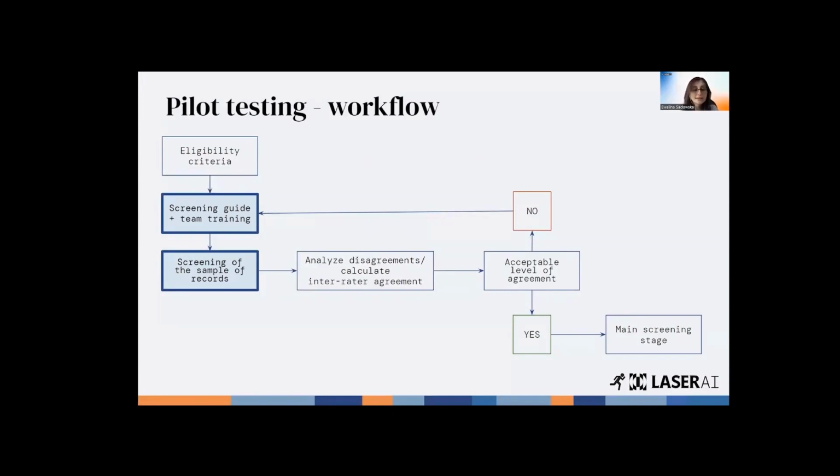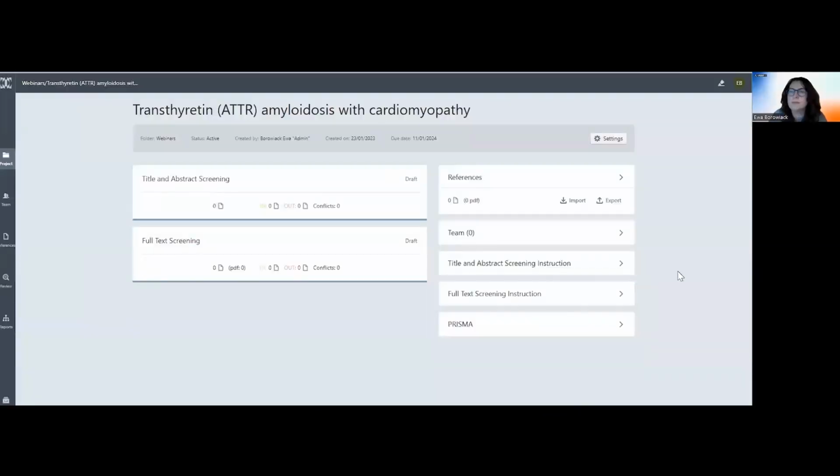So now let's see how the calibration exercise setup looks in LaserAI. To set up a calibration exercise, we need only three things: our screening instruction, team, and records. Instruction has been already prepared, and now we can import our studies.